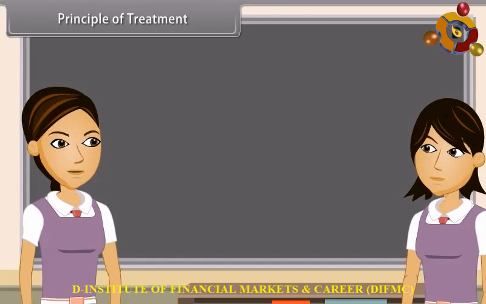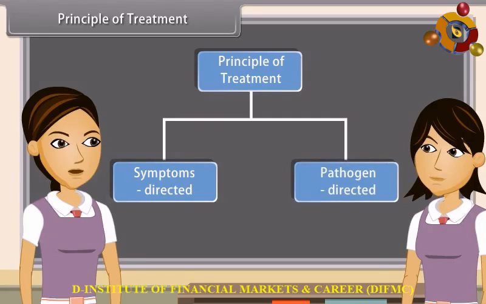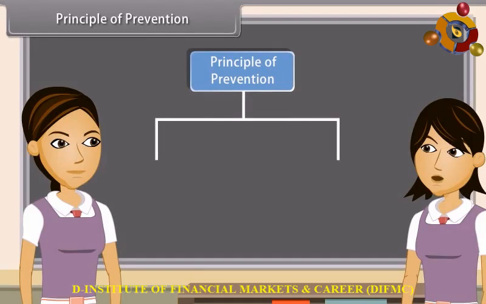Okay, Madhuri, I also want to tell you the principles of treatment of various diseases are symptom-directed and pathogen-directed. Principles of prevention. Similarly, there are two broad methods of prevention of disease: general ways and specific ways.